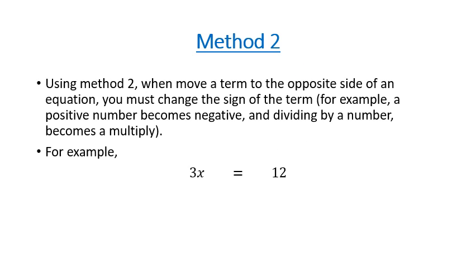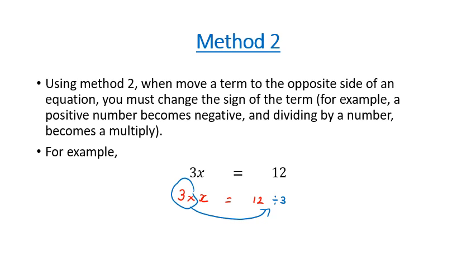Now with method 2, we still use the inverse, but we only do that when we move it to the other side. So 3x, for example, is 3 times x. That's going to equal 12. What I can do is get this 3 times and move it to the other side. When I do that, it becomes divide, so it becomes the inverse.